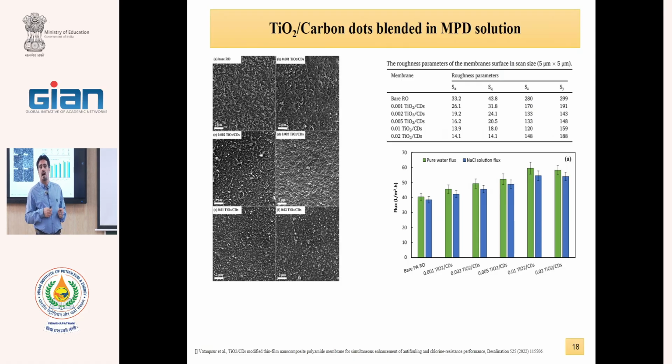But inorganic materials have a high functionality, high hydrophilicity. Therefore, with coupling of one inorganic with organic nanomaterials, we have both good functionality and good dispersion.